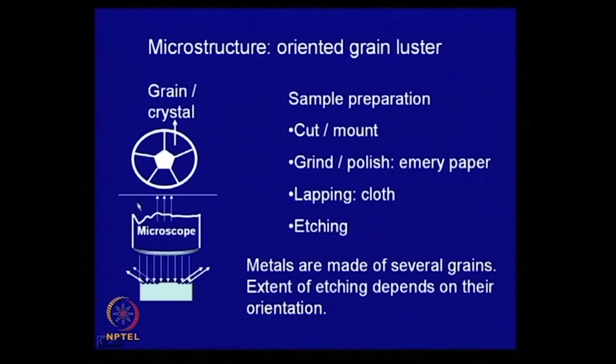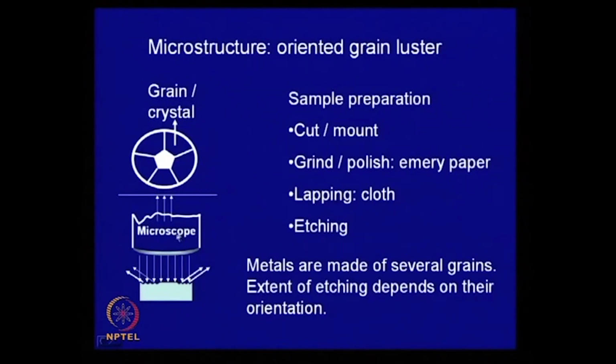Which is particularly shown here: the microscope has a lens, this is an objective, and this is the metal piece, and when you etch, it is no longer smooth. Initially it is smooth, when you polish it, it is shining, but when you etch it, certain areas dissolve more than the rest, which is shown here schematically.